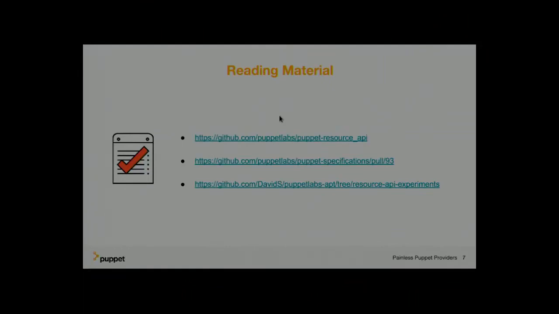Also, there are a couple of things that we currently can't do in the Resource API. If you need access to the catalog, very deliberately to avoid entangling the Resource API with Puppet itself, the Resource API currently doesn't give you access to the catalog. Some advanced types currently do that.